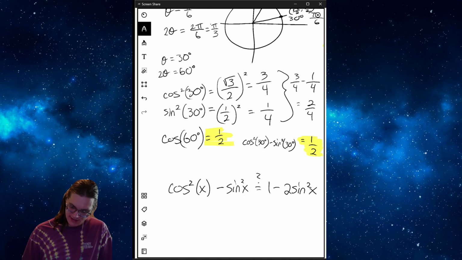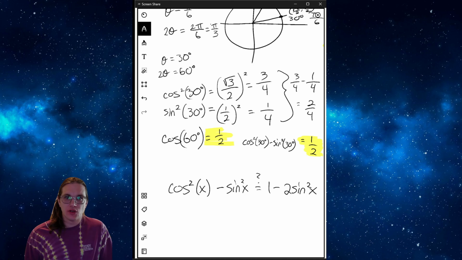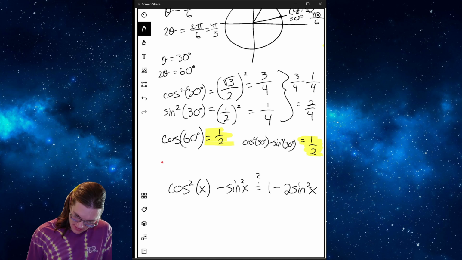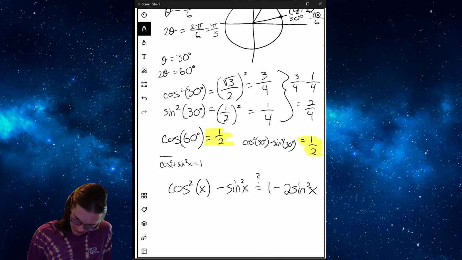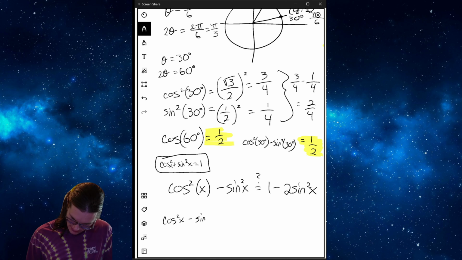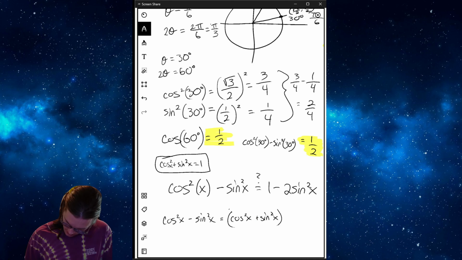Is that the case? Well, we can use the most basic of our identities to check if this is true, which was that cosine squared plus sine squared equals 1, right? Here I have a 1, so I'm going to write this: cos²x minus sin²x equals cos²x plus sin²x. Remember, this is 1.